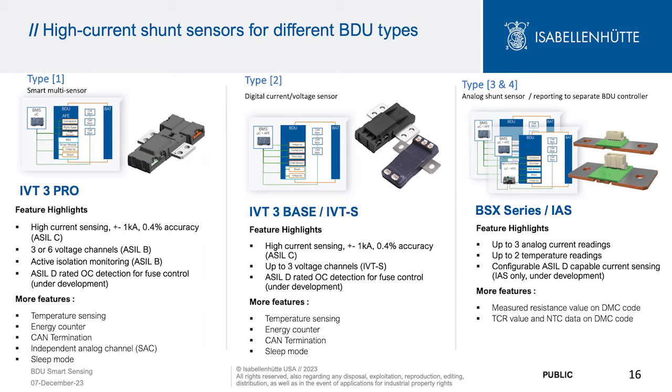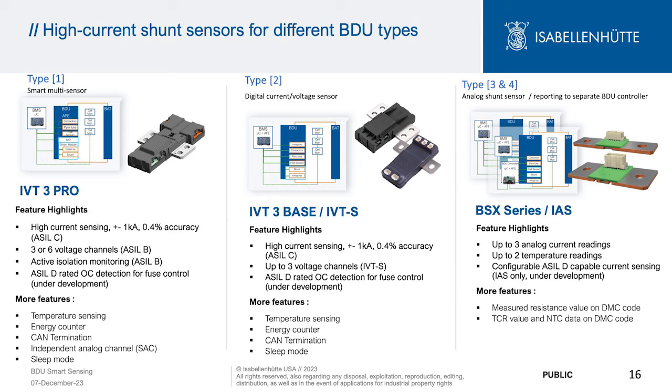For our type 2 BDU, we would recommend our IVT3 base and IVTS modules. The highlights here are also the high accuracy, high current primary and shunt-based current sensing channel with a range between 100 amps and 2500 amps nominal range in case of IVTS.